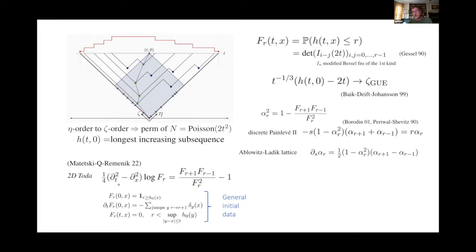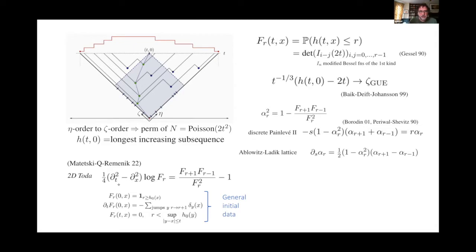So that's a boundary condition, and that actually has to be supplemented by some boundary conditions when r is exactly equal to this sup, which are a little bit complicated to state, so I won't worry about it. But within the region r greater than this sup, everywhere it satisfies this 2D Toda lattice. Okay, so that's the main result.